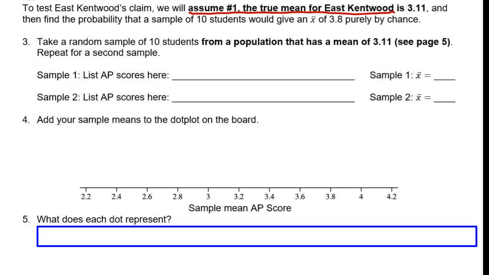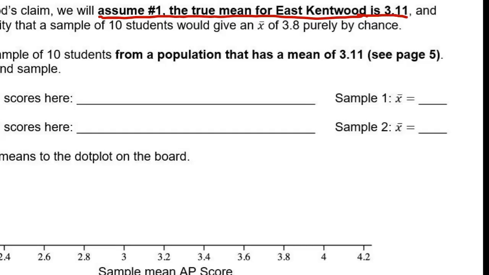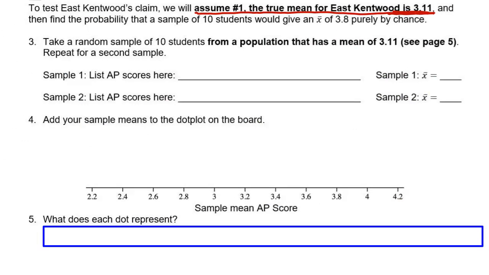The true mean for East Kentwood is 3.11. We're going to find the probability that a sample of 10 students would give an X bar of 3.8 purely by chance. So this would be the probability that what we saw with that 3.8 average is just natural variation. That's totally normal, totally expected.